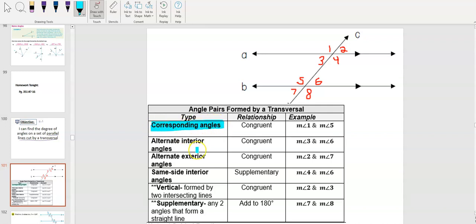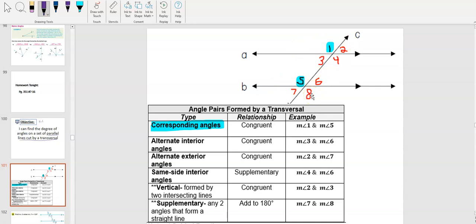So I'm going to talk about corresponding angles. Corresponding angles are two angles in this pair of lines cut by a transversal that are in the same relative direction. They're in the same basic position. So, for example, we have angle 1 and angle 5. Angle 1 and angle 5 are both on the left side of the transversal, and they're both above the parallel line.